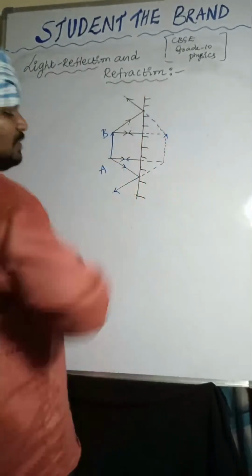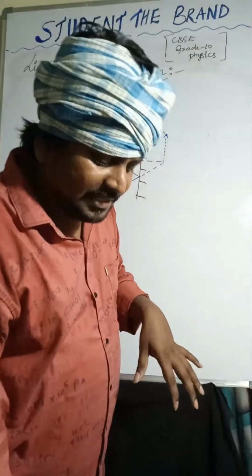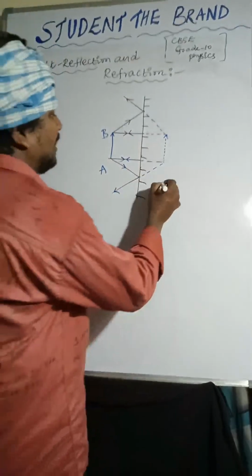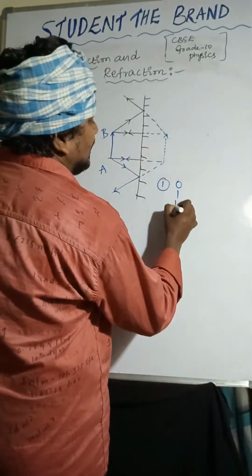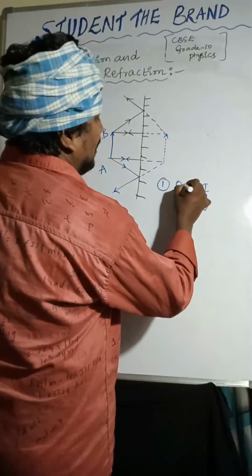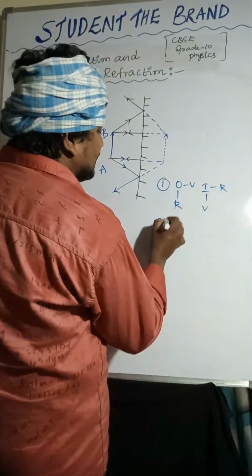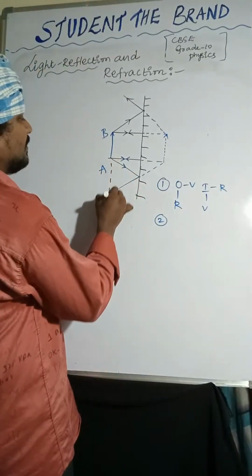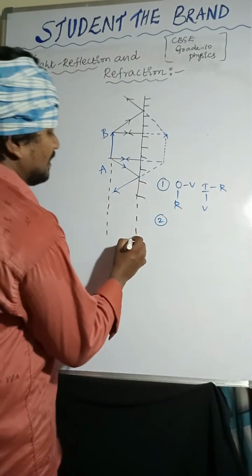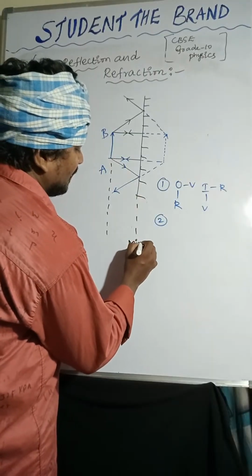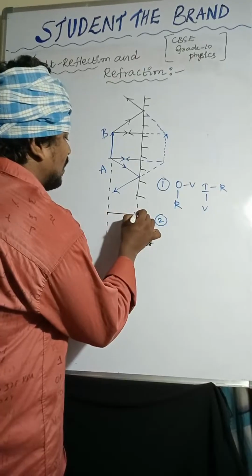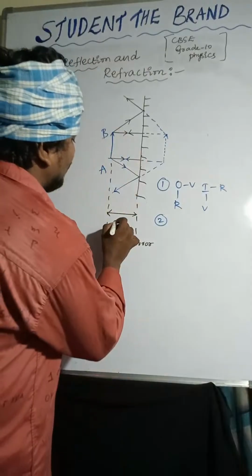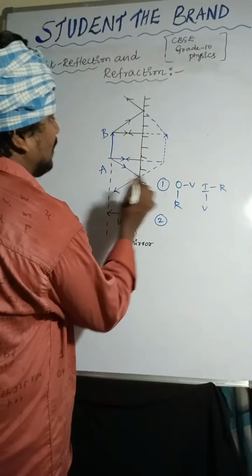Very nice. So what is the nature of the image formed by the plane mirror? Point number 1, object is real, image is virtual; object is virtual, image is real. Second, the distance between the mirror and the object is called the object distance.